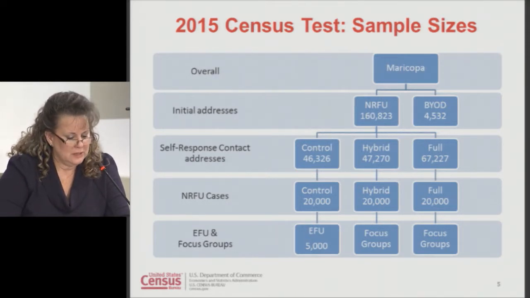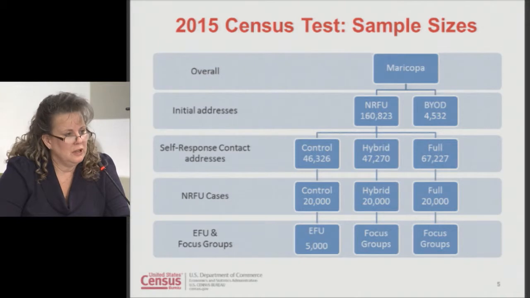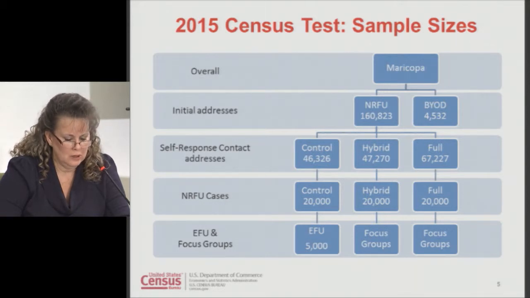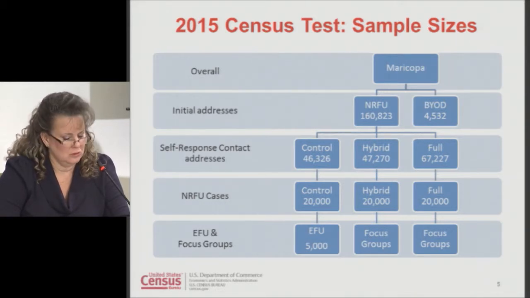For all remaining addresses, enumerators will make one personal visit. After that initial attempt, the non-response follow-up workload will be further reduced to remove any addresses that could be enumerated using administrative records. The cases that still remain after the administrative records removal will receive at least one additional contact attempt.